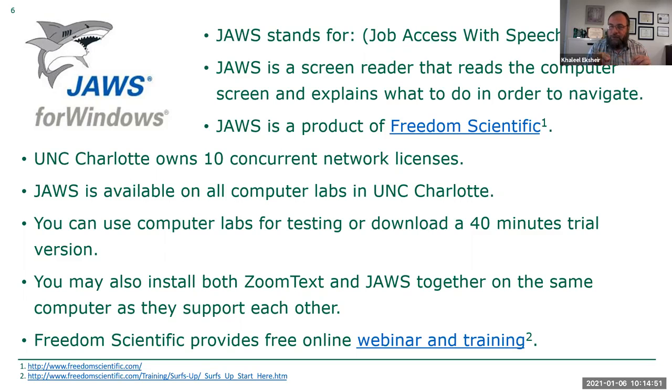It is one of the products of Freedom Scientific. We own 10 licenses here. The reason is that we've never had more than 7 or 8 users who are blind or low vision, so we have 10 concurrent licenses. It is installed on every computer that is potentially used by students, like computer labs, the library, and so forth. If you want to use one of them, you just go to one of these labs and launch the software.